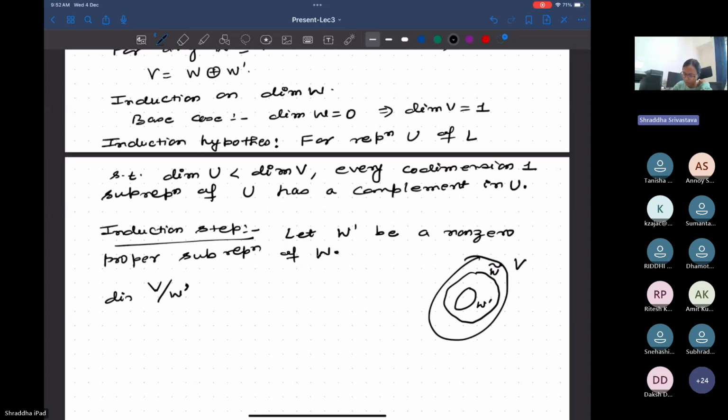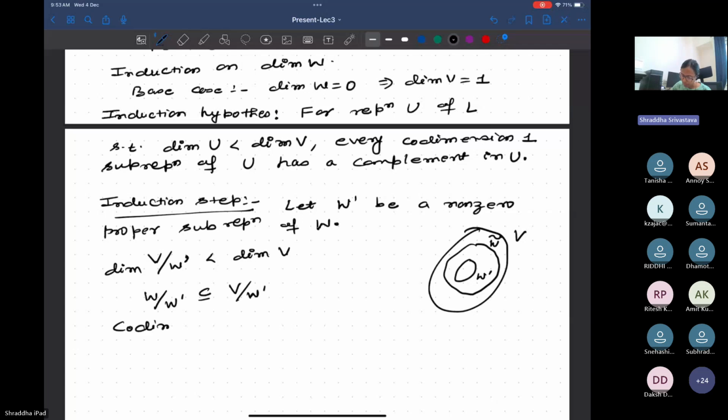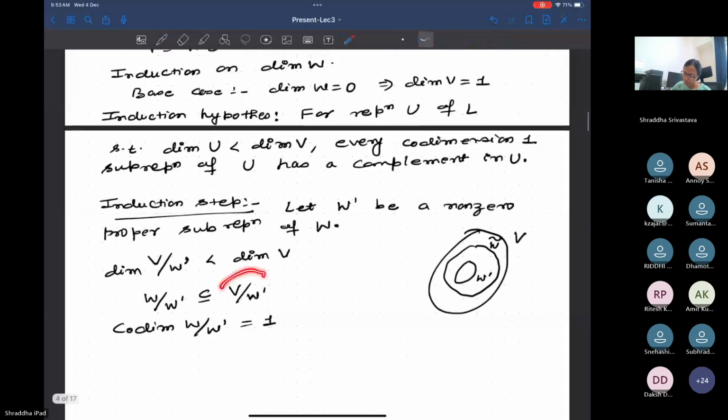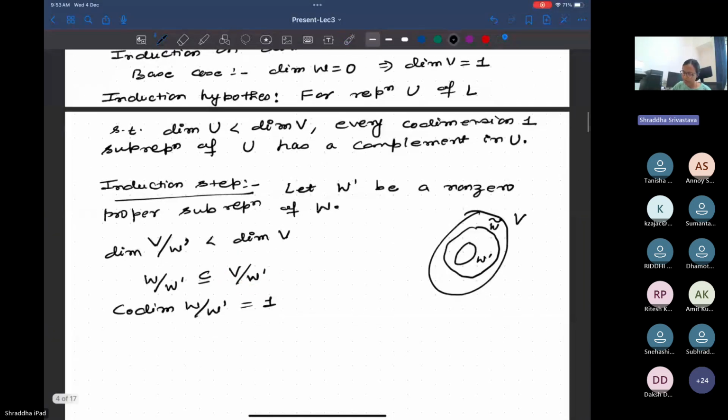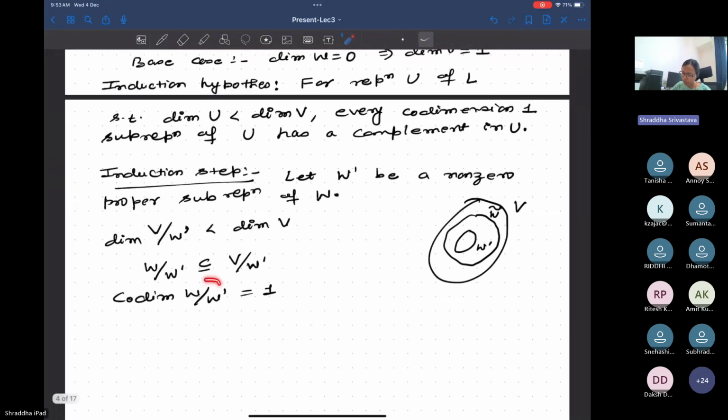The dimension of V mod W prime is definitely strictly less than the dimension of V, right? And W mod W prime, which is not just a subspace but in fact a sub-representation of V mod W prime, has co-dimension 1 in it. So now we can use the induction hypothesis to find a complement of W mod W prime inside V mod W prime.